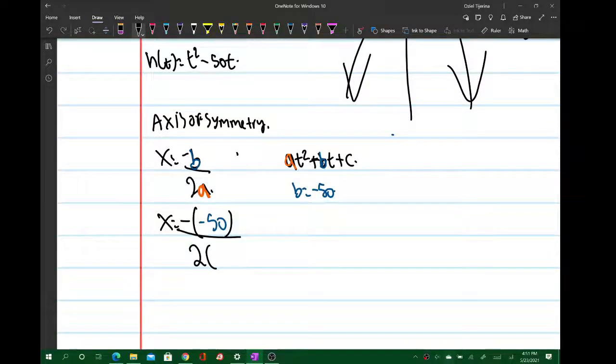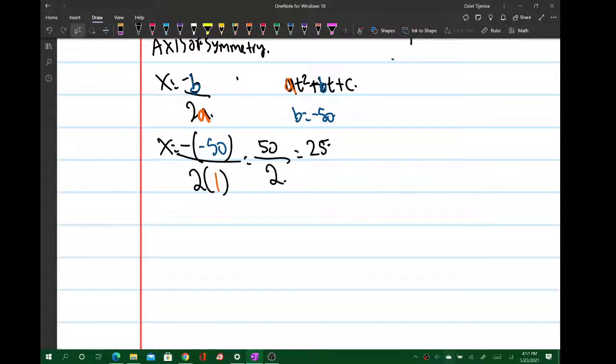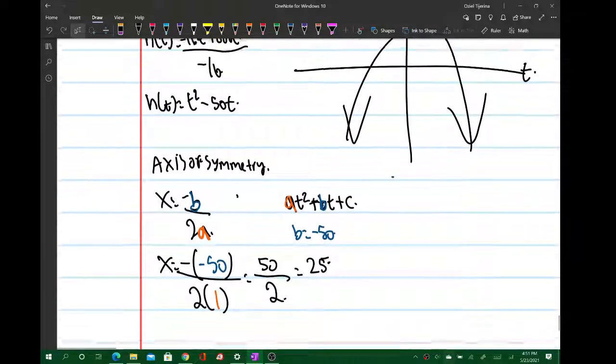Because a is 1. So then you would say negative of negative 50, that's 50 over 2. So it's 25, right?